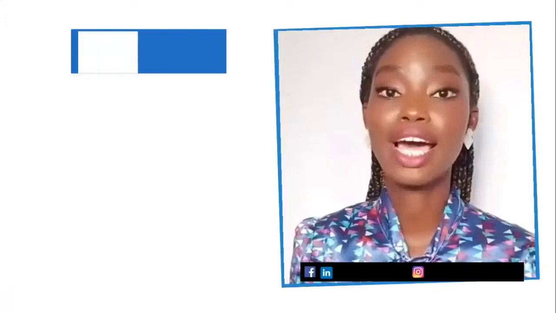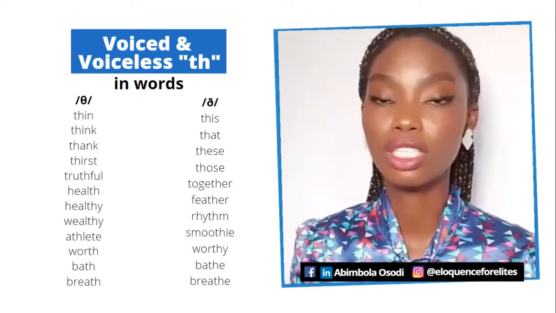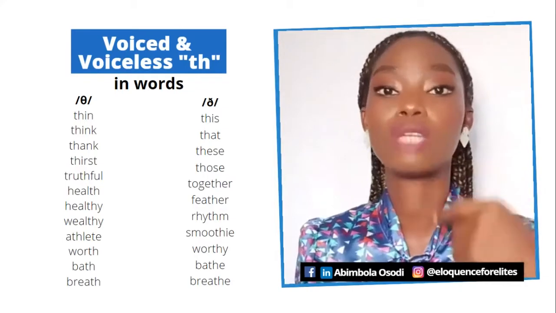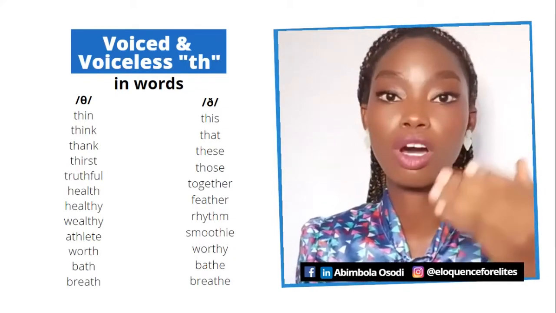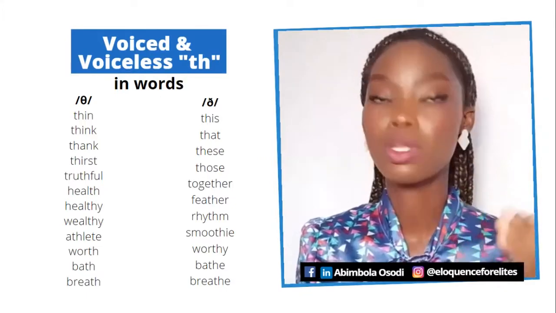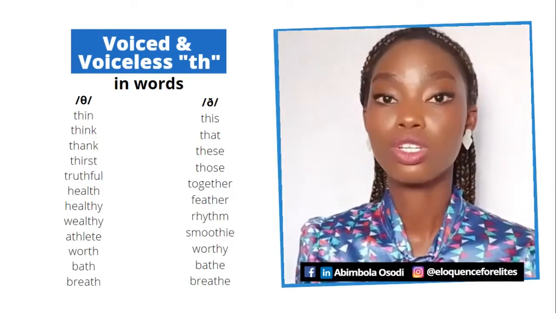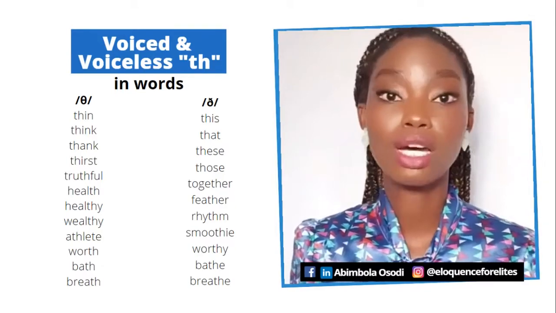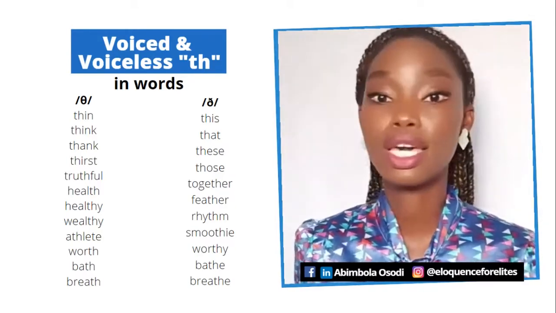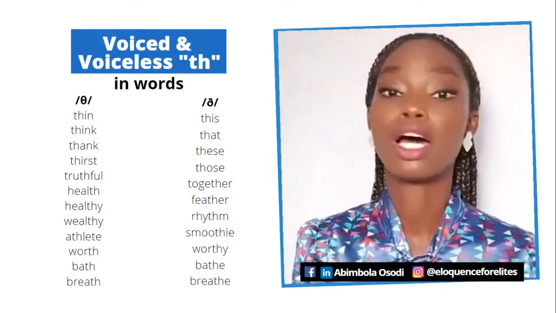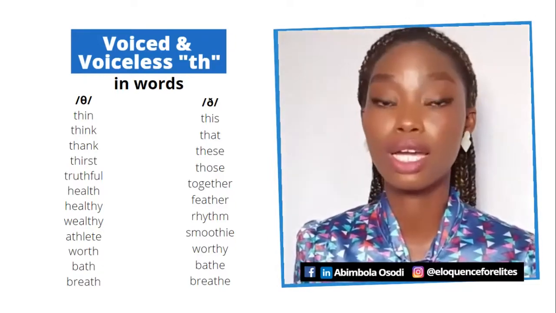Saying words that have TH in them correctly, you only need to master one thing: placing the tip of your tongue in between the front part of your upper and your lower teeth and allowing the air to escape gradually. For the voiceless TH sound, and that's the sound you have in thin, think, thank, thirst, truthful, health, healthy, wealthy, athlete, worth, bath, and breath.